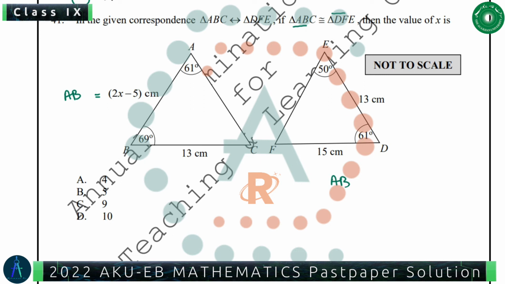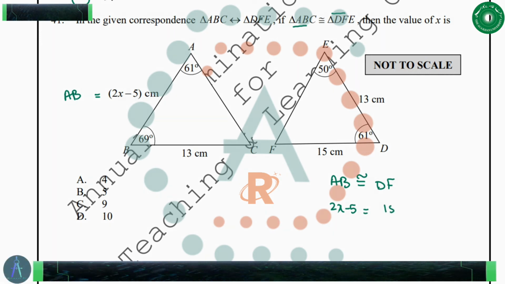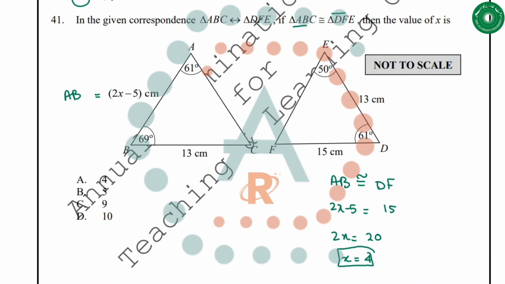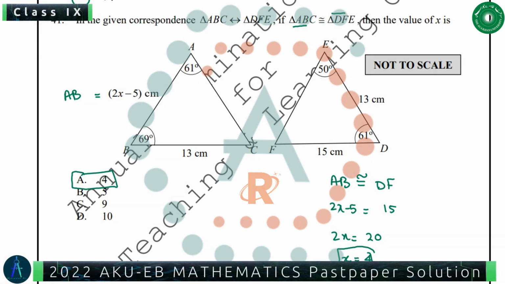So AB is congruent to DF from the given congruency statement. So 2x minus 5 should be equal to DF, that is 15. So 2x will be equal to 15 plus 5, 20, and x is equal to 4. So the value of x in this question is 4. So 41, option A is the right answer.